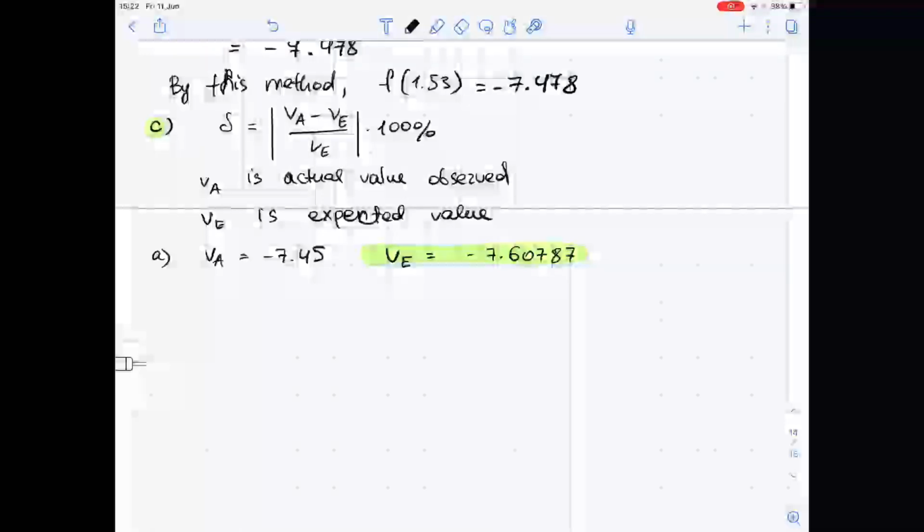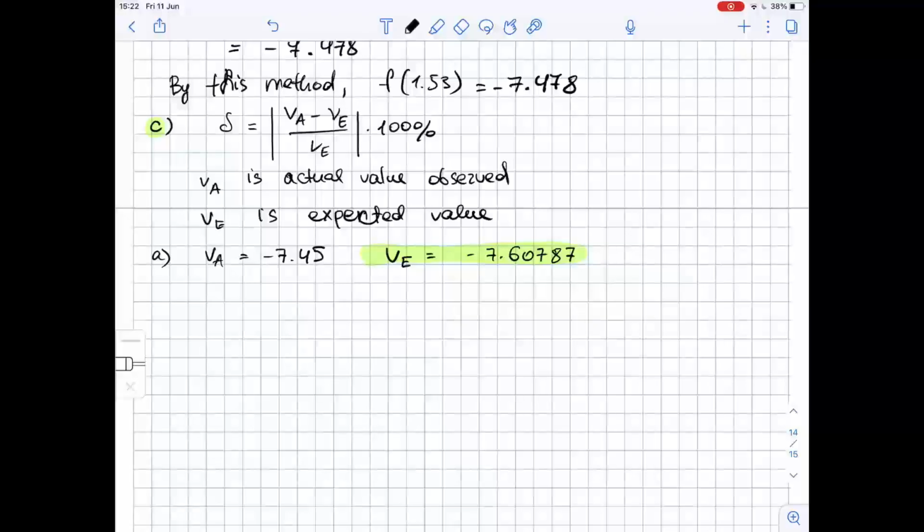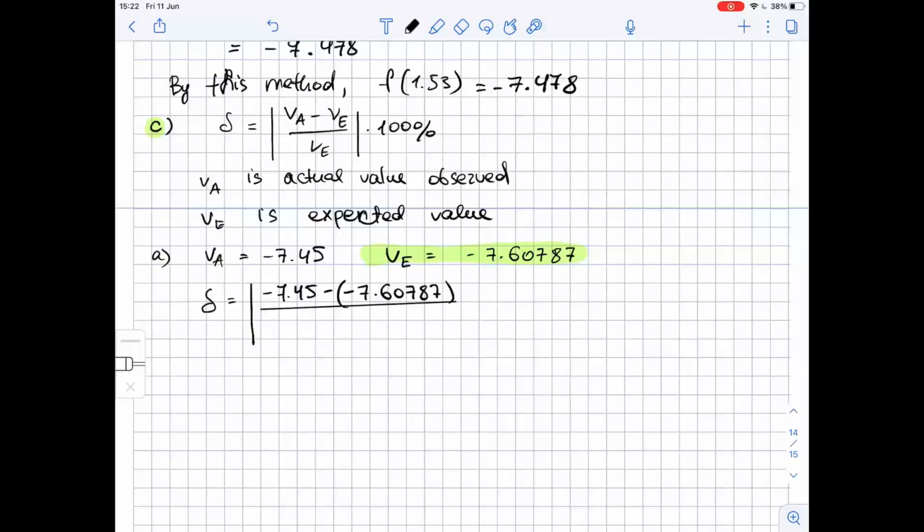Well, now to calculate the error, we'll just substitute the numbers for VA and VE in our formula. So sigma equals the absolute value of negative 7.45 minus negative 7.60787 over negative 7.60787, and the whole thing is multiplied by 100%.